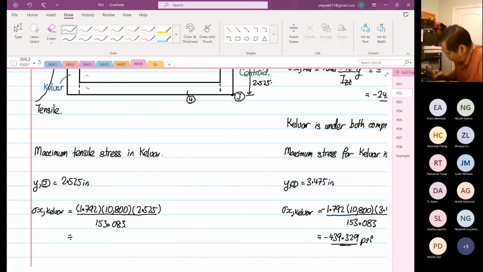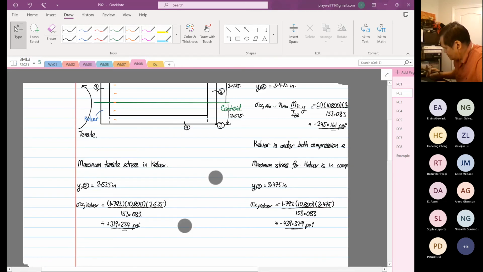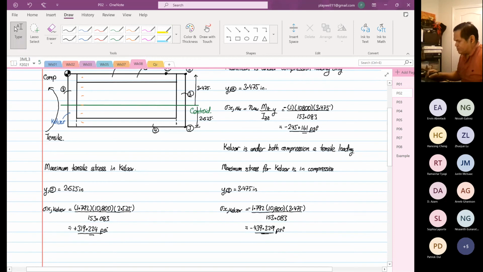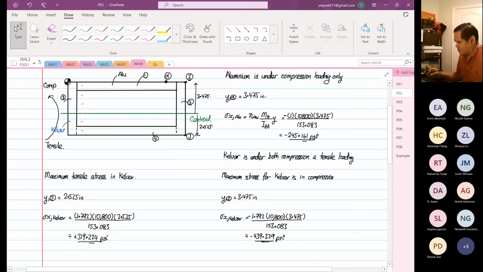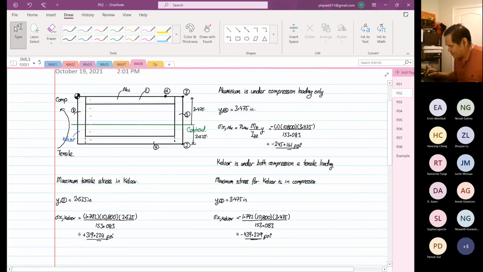So it's positive 319.224 psi. Okay. So you see that sandwich material is not that difficult at all, right?